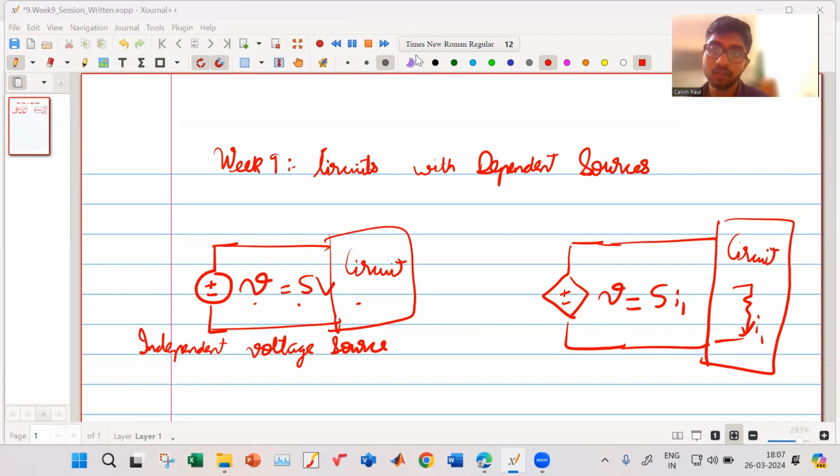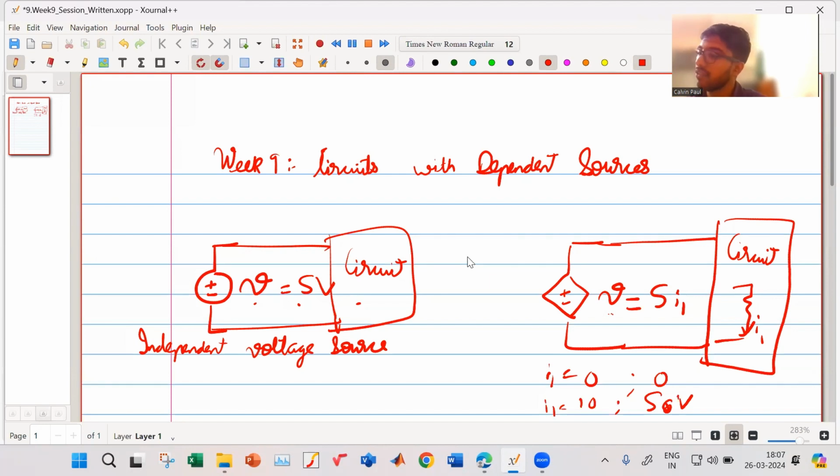So in this case, the voltage over here is dependent on this current I1 flowing in the circuit. If your I1 is 0, what will this voltage V be? V is also 0. Now if your I1 is 10, what will this voltage be? 50 volt. Okay.